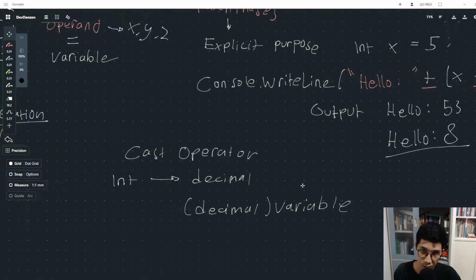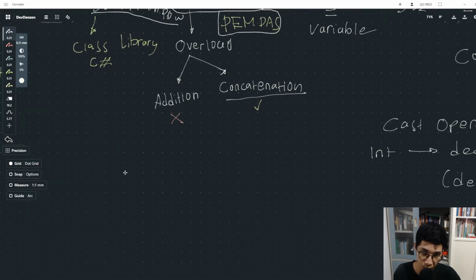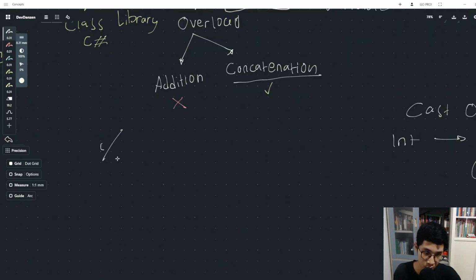That's it. Also, we have the remainder, or modulus operator. This is modulus. I'm just doing a quick recap here for my good understanding.